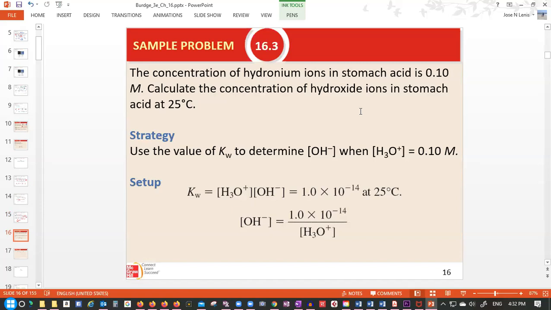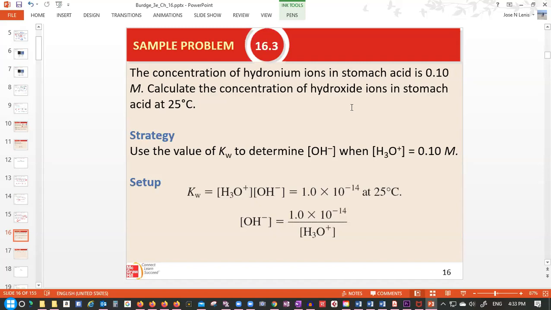Usually they specify the temperature, so we can use the Kw constant. If a different temperature is given, we need to make corrections to that. But in most cases we are going to do it at 25 degrees Celsius, which is room temperature. That means Kw is going to be 1.0 times 10 to the negative 14.